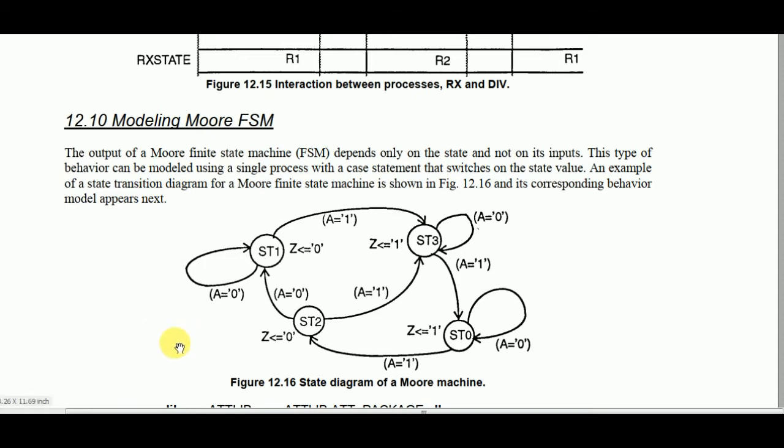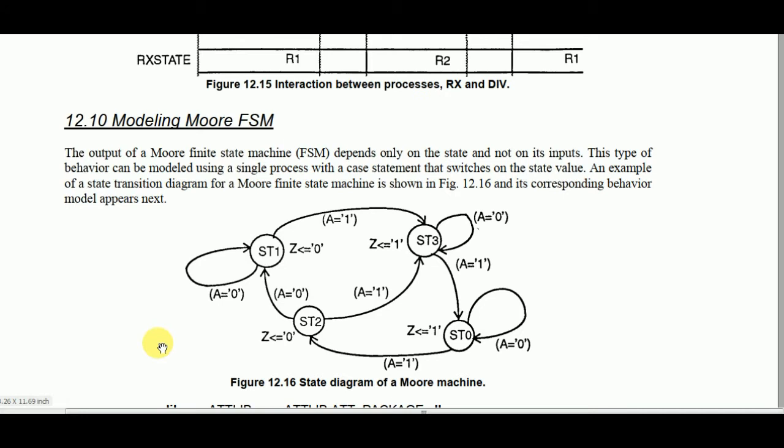Diagram of a Moore machine. We have different states ST0, ST1, ST2, ST3, etc. ST0 means state 0, ST1 represents state 1, ST2 means state 2, and ST3 represents state 3.